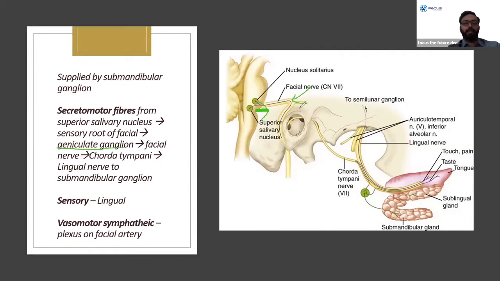From the geniculate ganglion, it enters the facial nerve proper. This much area is the facial nerve proper.